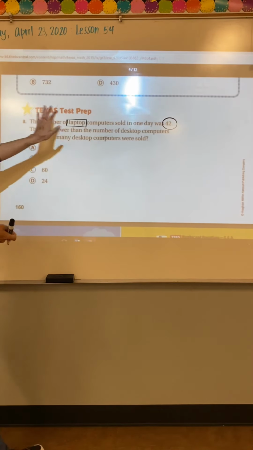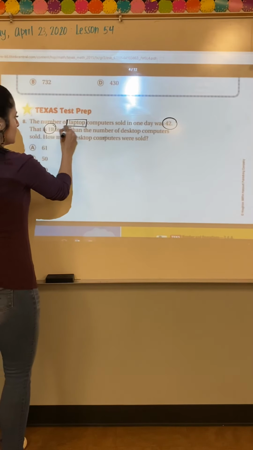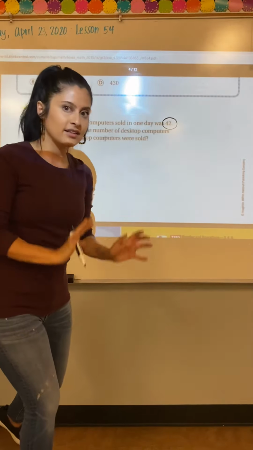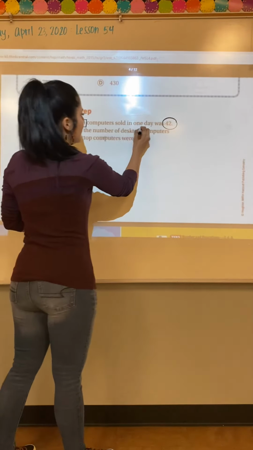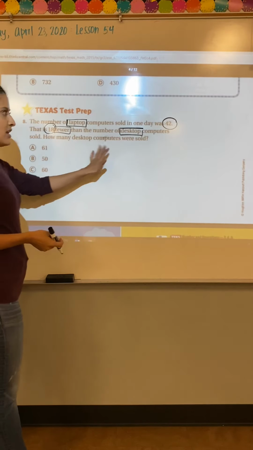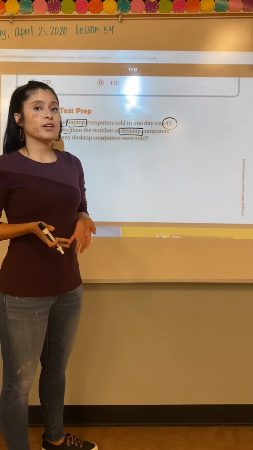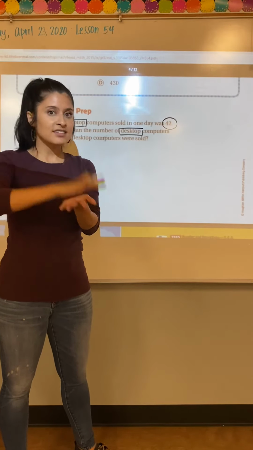Well, that number, 42, is 18 fewer, 18 less, a smaller amount, than the number of desktop computers sold. So we're talking about computers, but different kinds of computers. Now, the laptop is what Mrs. Creo has in class.